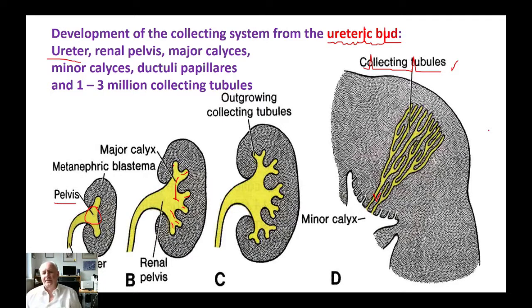And collecting tubules. So please, those all passages are from the ureteric bud. The whole ureter, pelvic part of the kidney, large major calyxes, minor calyxes, ductuli papillares, and collecting tubules. This everything is from the ureteric bud, please.